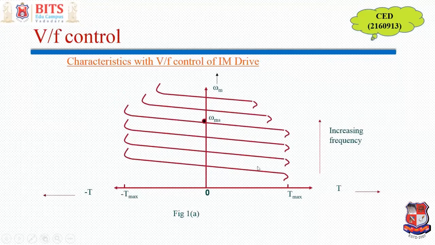So in short, you can operate motor at any frequency from 0 to rated, and you can operate in this stable region, which is a almost horizontal line with very small slope. So you get a very good speed regulation. You get a very minimum or almost rated slip, which is generally 2 to 4%, at which current is also almost minimum, and you get the best performance in this particular region.